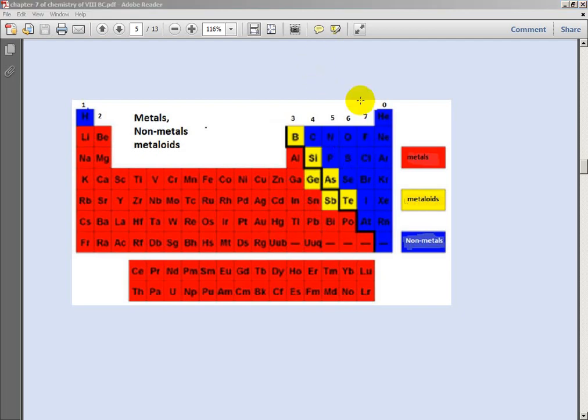Group 0 or 8, the noble gases, are all non-metals. Group 7: fluorine, chlorine, bromine, iodine are non-metals. Group 6: oxygen, sulfur, selenium are non-metals. And group 5: nitrogen, phosphorus are non-metals. So we know between which elements bonding forms.